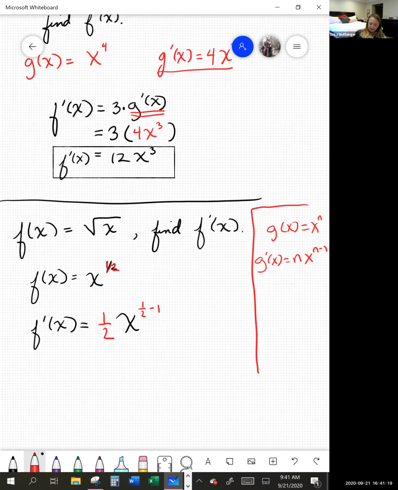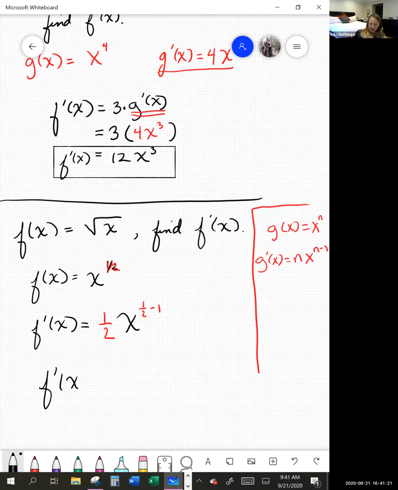So f prime of x is equal to 1/2 x to the, well, -1 could be rewritten as 2/2 with our LCD. So if I have 1/2 minus 2/2, for subtracting fractions, just subtract the numerators and keep the denominator the same. So we have 1 minus 2, that would be a -1.